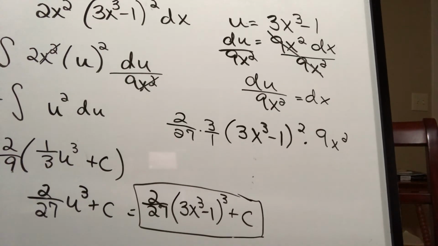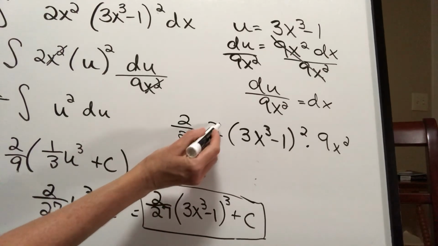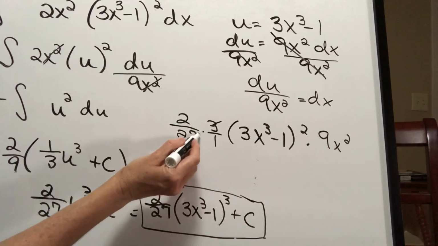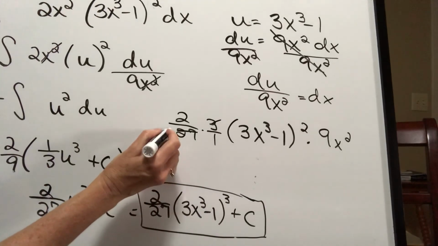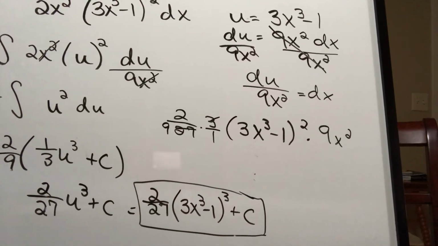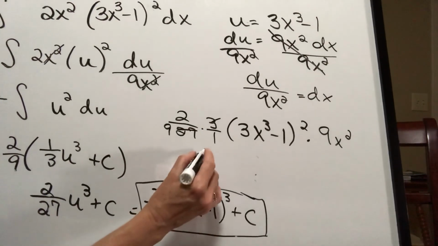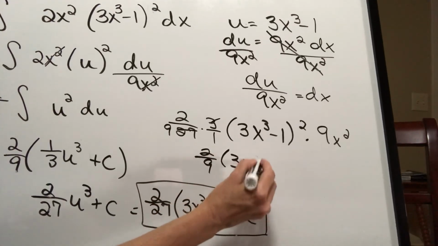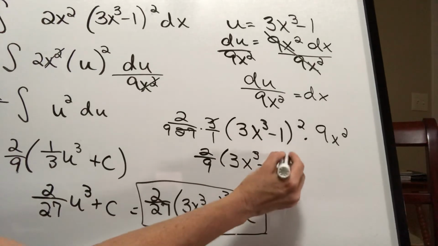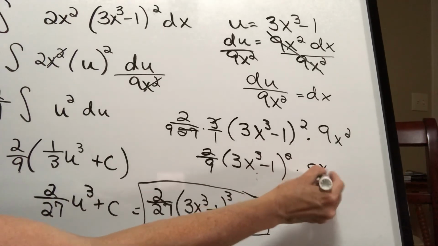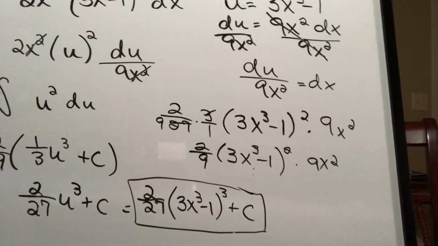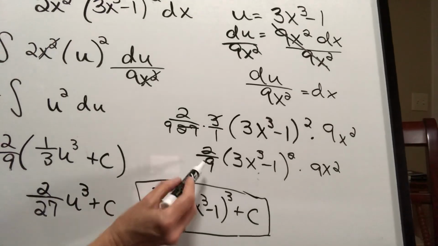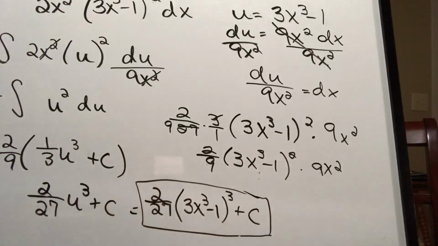Okay, so how can we simplify this? Back over here at the beginning, the 3 can cancel with the 27 because 3 goes into 27 9 times. So that's really 2/9 at the beginning. But then we have the 9x squared on the end. So what you would do is multiply 2/9 times 9x squared.